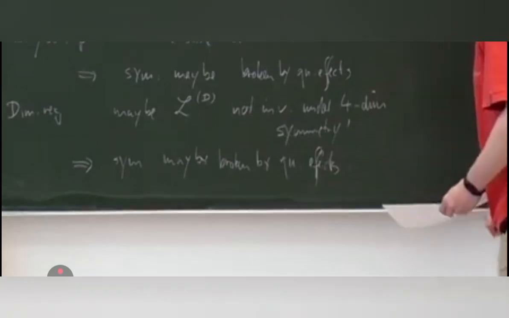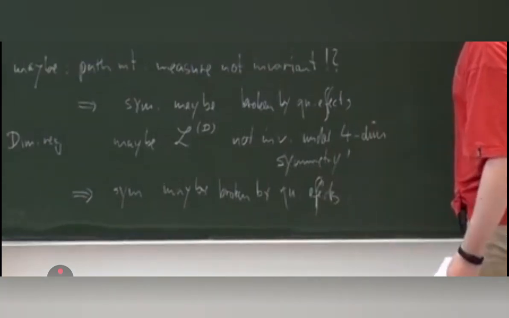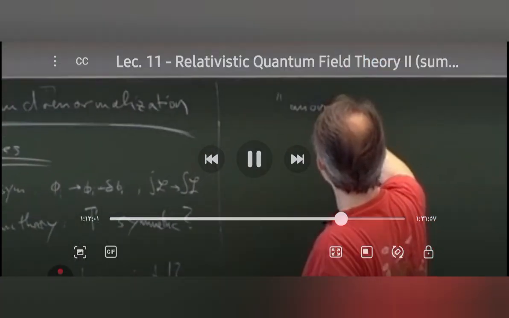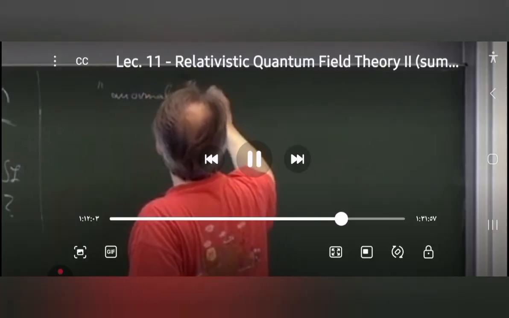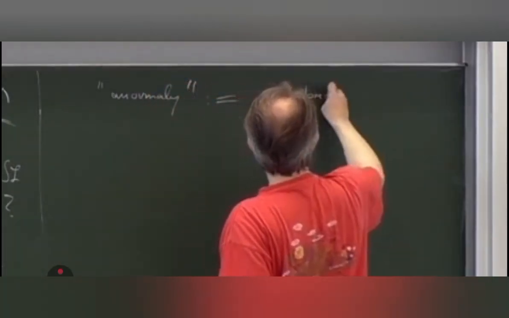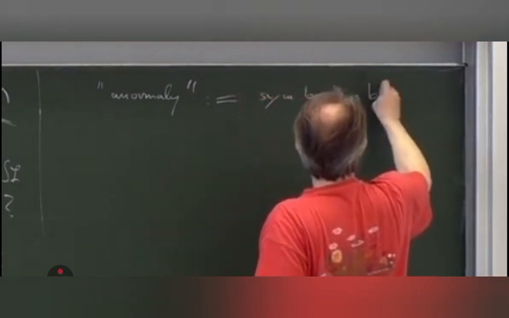Okay, and that is the definition of an anomaly in this context. It is defined as such a symmetry breaking by such quantum effects.